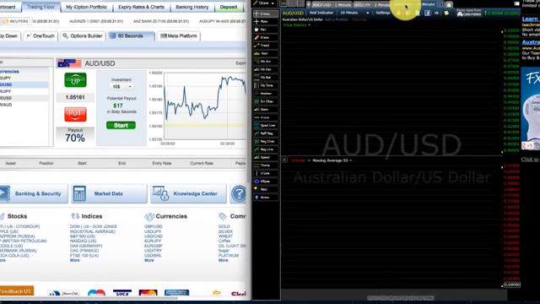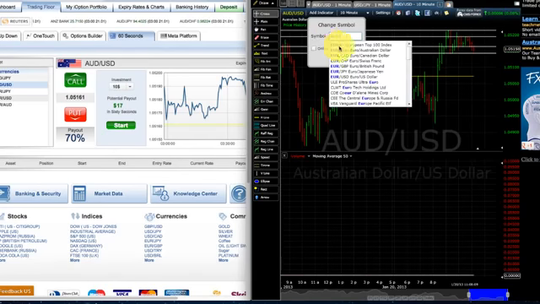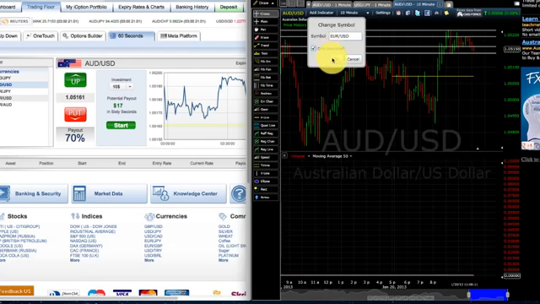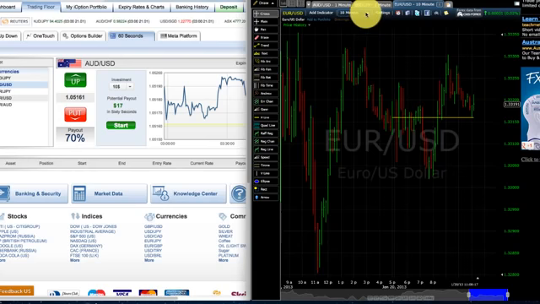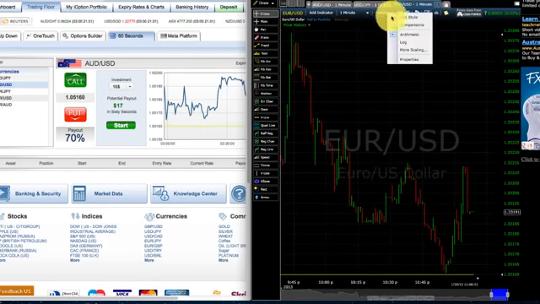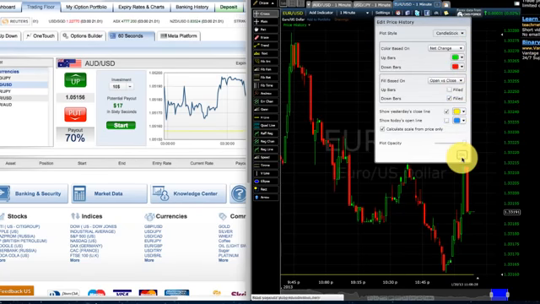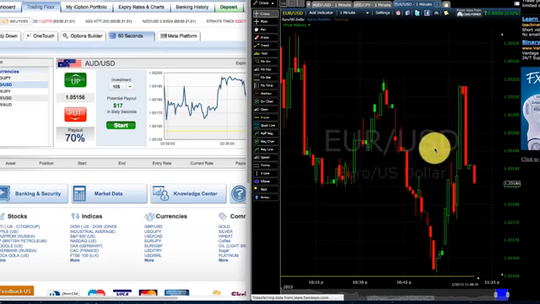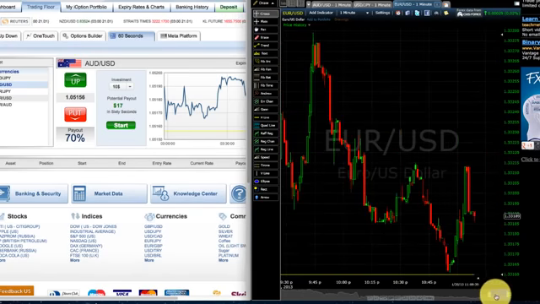Bring up another chart, the Euro USD. Change it to a candlestick graph, and move the period out a bit.